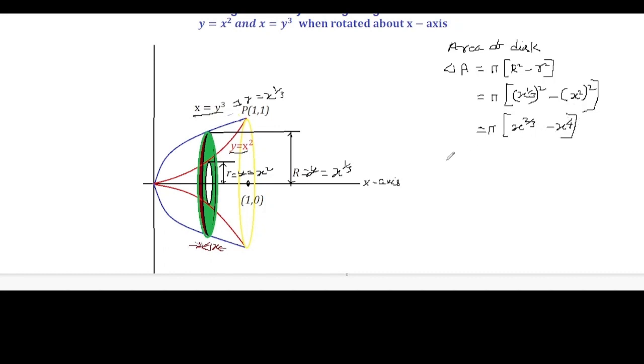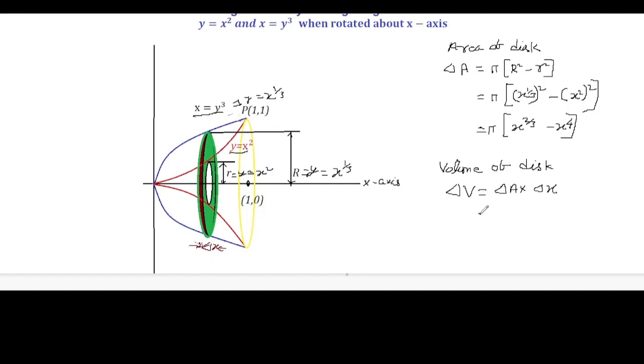Now, the volume of the disk, which can be given by delta V, can be written as delta A, the area, multiplied by the width, that is delta x.